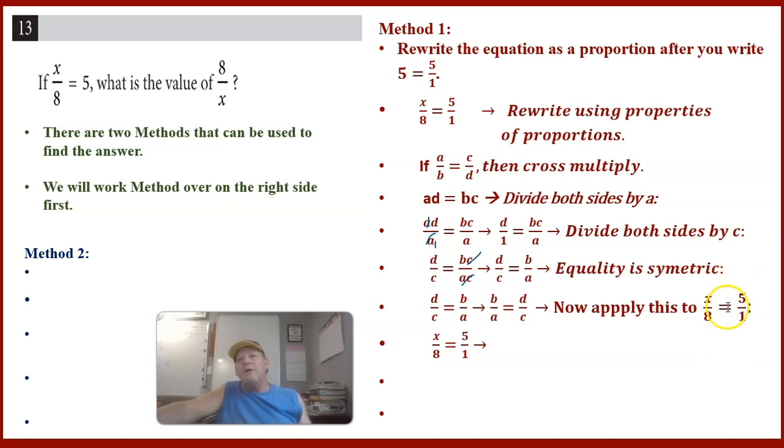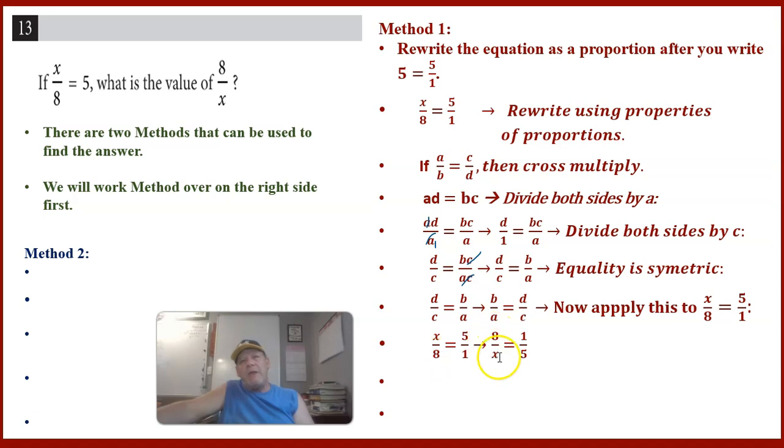So x over 8 equals 5 over 1. Look what happens. Do you see how in my original x over 8 equals 5 over 1, we told you that a over b equals c over d can be written as b over a equals d over c, just the reciprocal? So I can say that this equals the reciprocals of each side.